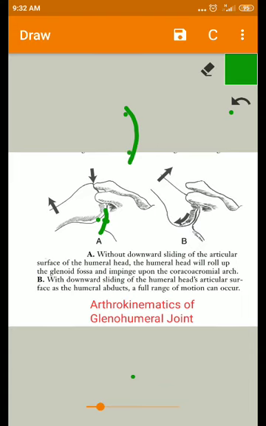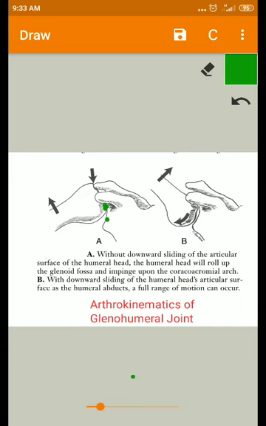If you can see here in these two pictures, because of the incongruency and because it has to move in all three axes, the point at which the center of the head contacts the glenoid fossa is going to vary according to the movement.